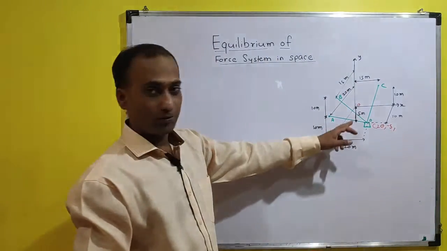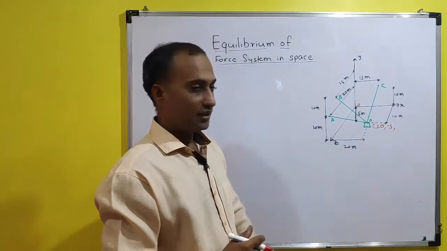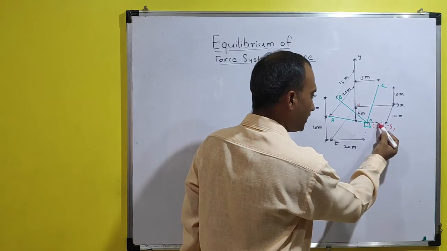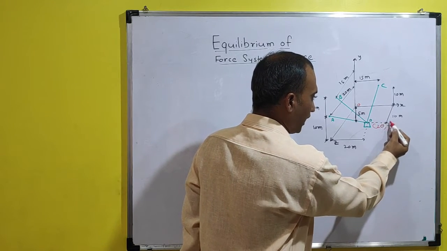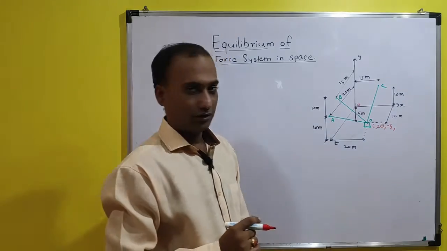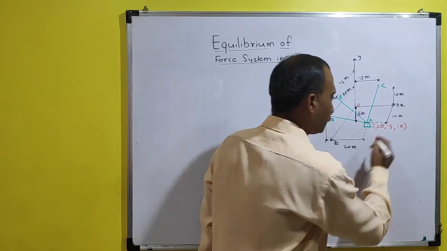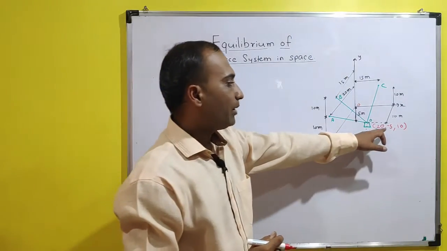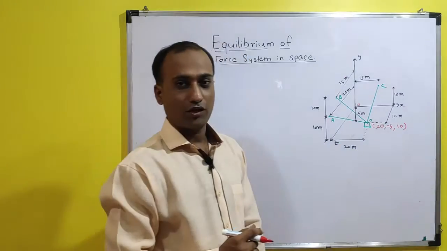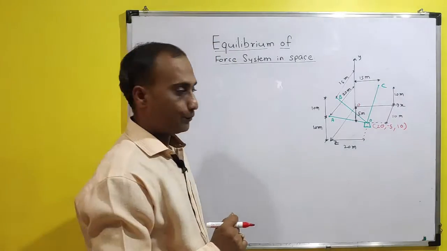It is the coordinate of this point O. Now the next for this point O, it is Z. So we have to see the distance which relates to the point O and which is parallel to the Z axis. So it is 10 meter only. So here we will write the coordinate of this point O as 20, minus 5 and 10, where X, Y and Z. So this is the coordinates of point O.